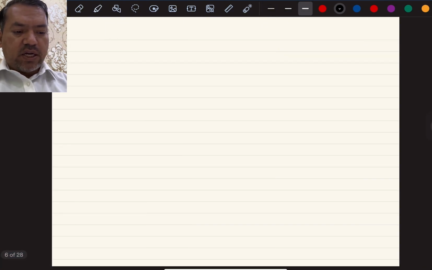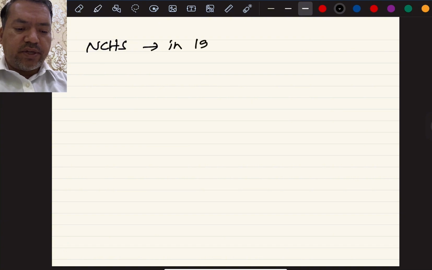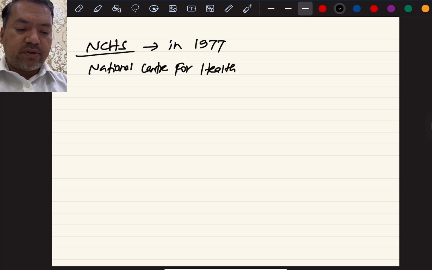Now, the first type of growth chart was developed by NCHS in 1977. So this is a National Center for Health Statistics.